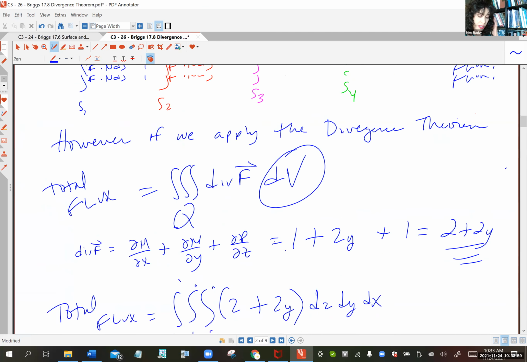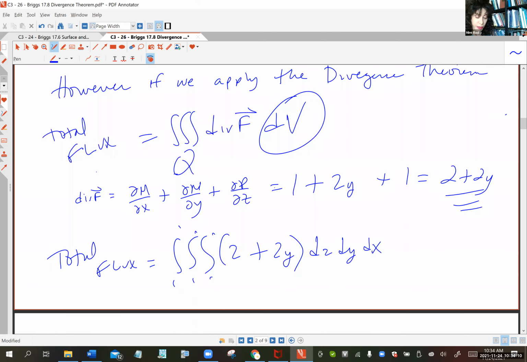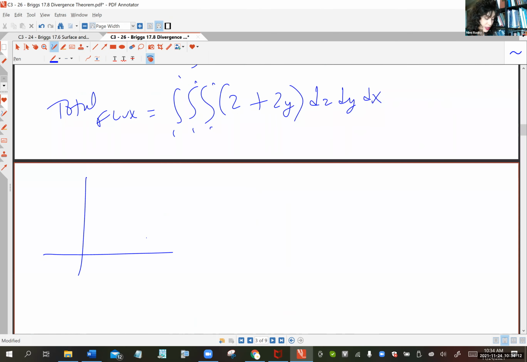Okay, so what do we know? We've got this plane portion here that's the capping surface, and we see that the base of the solid in the xy plane will help us figure out what's going on in the xy plane. So what is going on in the xy plane? Remember, the plane equation is 2x plus 2y plus z equals 6. Set z equal to 0 to see the trace of the plane in the xy plane.